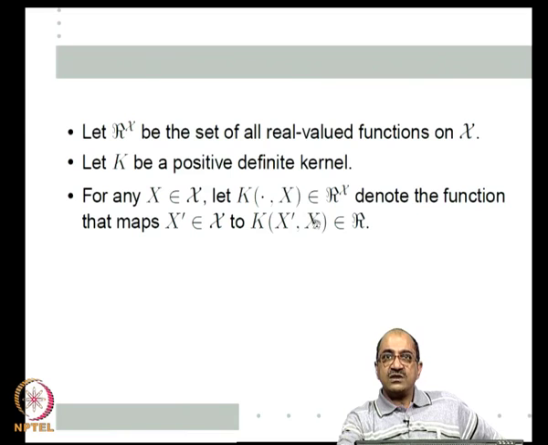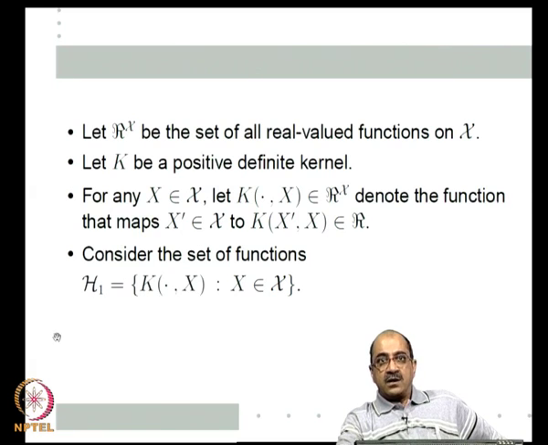Let us say this denotes the function that maps any x prime to K(x prime, x), that is all. So, simply, dot is the notation for the dummy argument of the function. So, K(dot, x) is the real valued function on X, whose value at an argument x prime is K(x prime, x). Now, consider the set of functions H1, which consists of all such K(dot, x) for every x in my feature space.